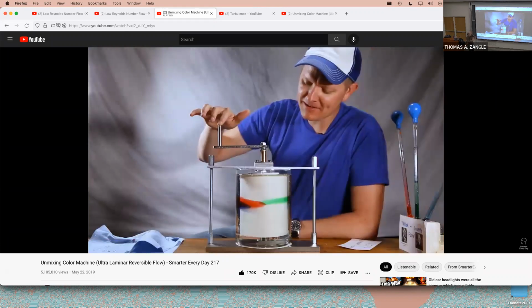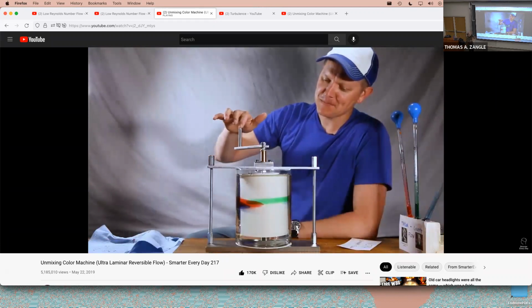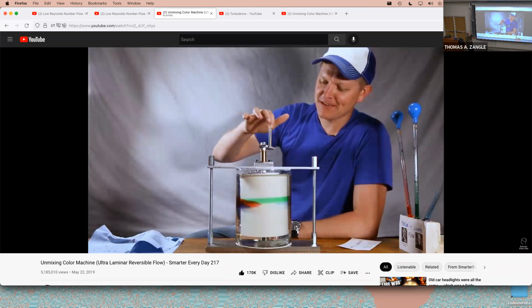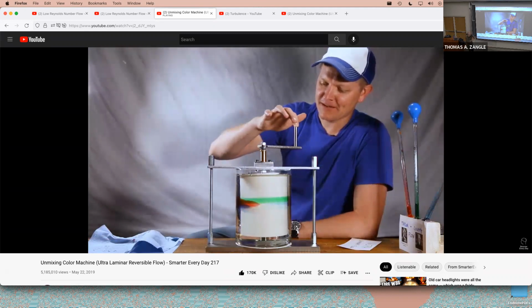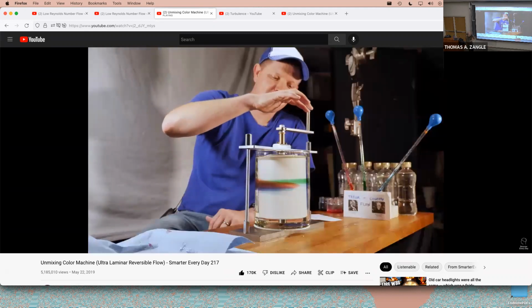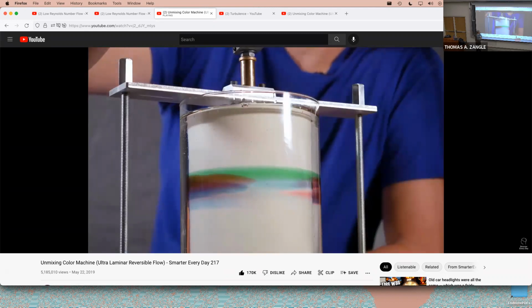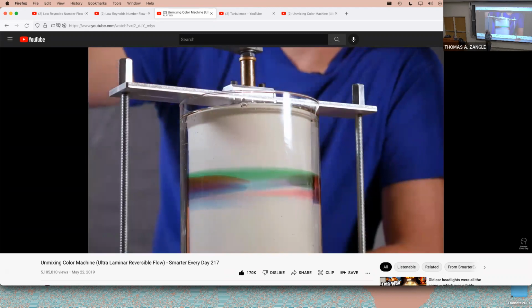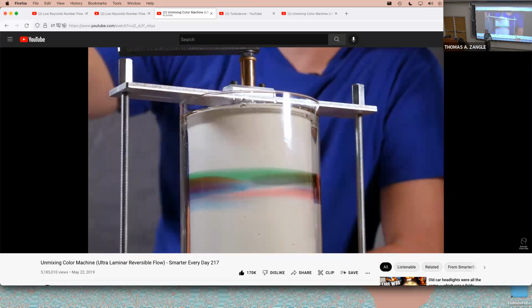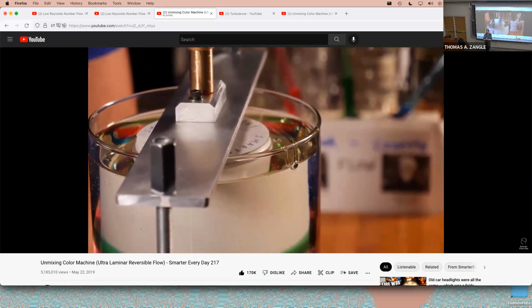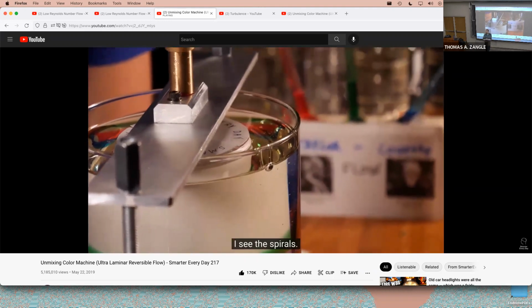1. Try to move it really slow, but it shouldn't actually matter. You can start and stop. Because again, energy doesn't have to. See the spiral, right?